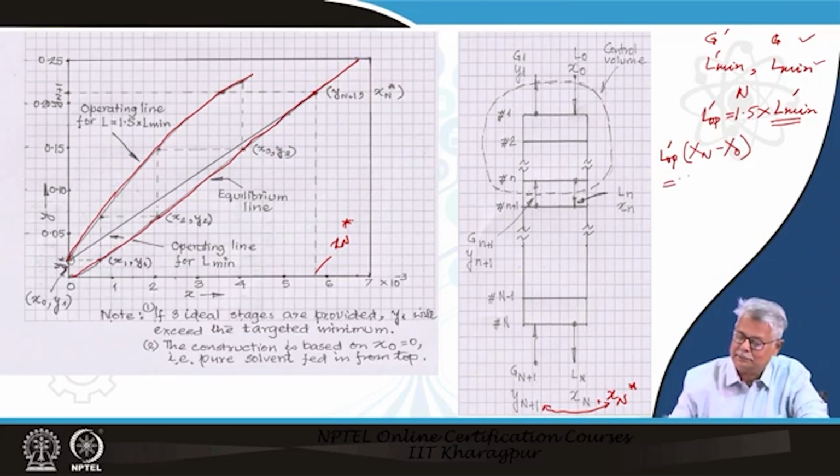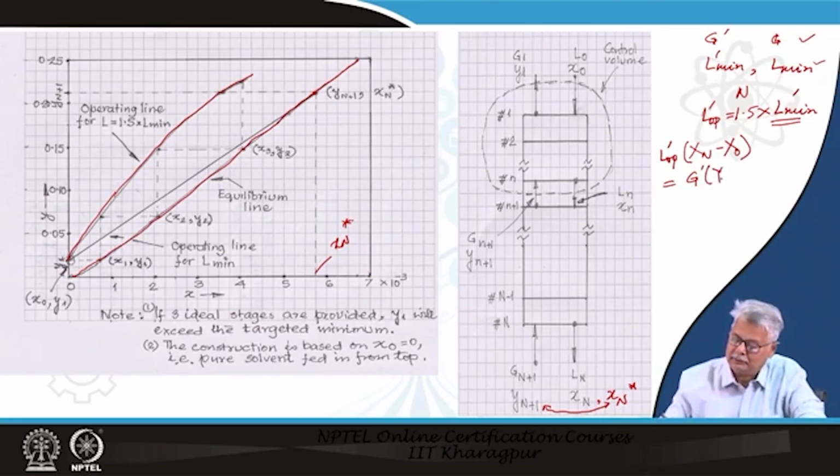That is the pickup of my solute, which also has to match the pickup of my solute from the gas phase. The gas phase enters with a composition of Y, sorry, this we can put a small n, and this will be n plus 1, and whatever goes out is with a composition of this.